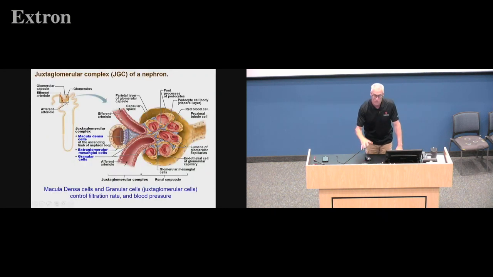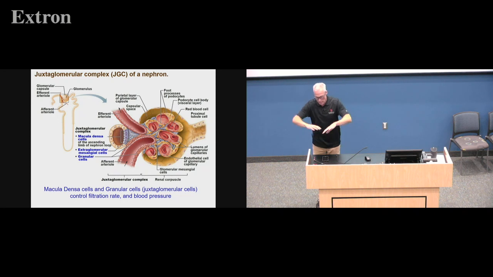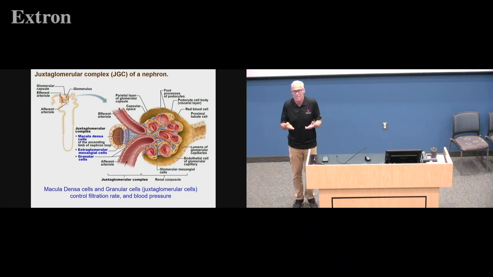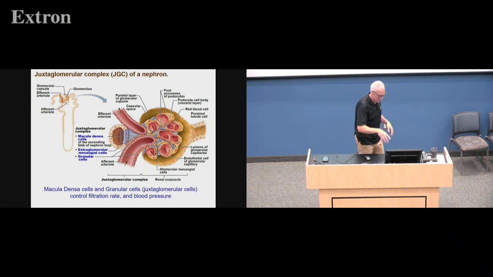Angiotensin II selectively constricts the efferent arteriole. Now, angiotensin II in the systemic circulation as a whole causes vasoconstriction and raises the peripheral resistance, raises mean arterial pressure. But here in the kidney, at the juxtaglomerular apparatus, it causes constriction specifically of the efferent arteriole.